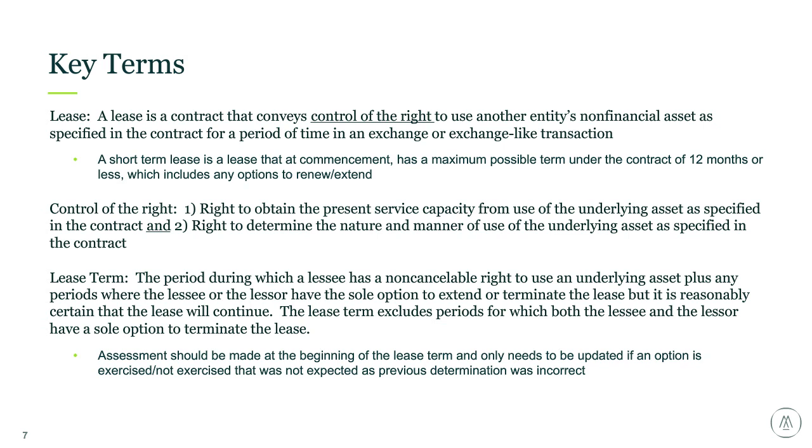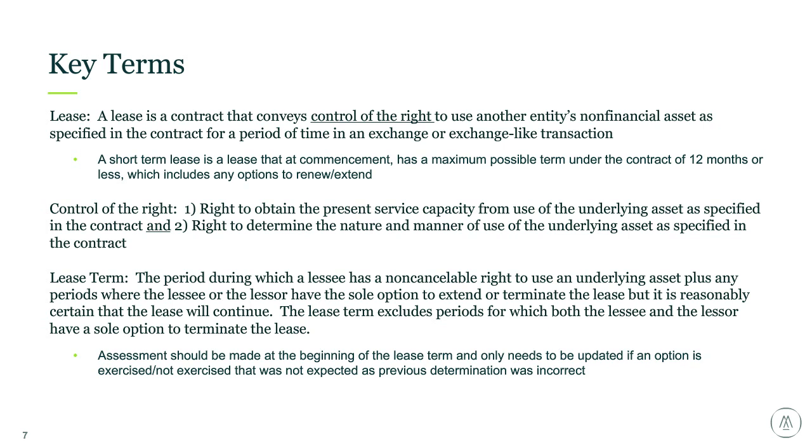The lease term actually would exclude periods, however, for when both lessee and the lessor have a sole option to terminate the lease. So if the control is completely out of your hands, out of one party's hands, that would exclude that period.